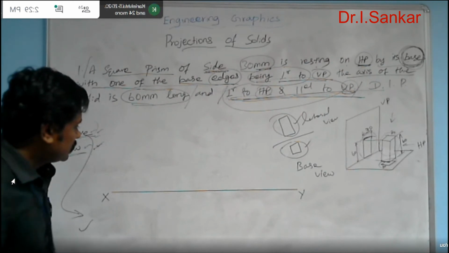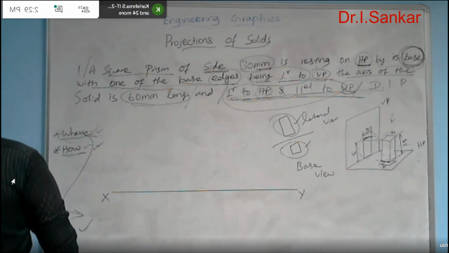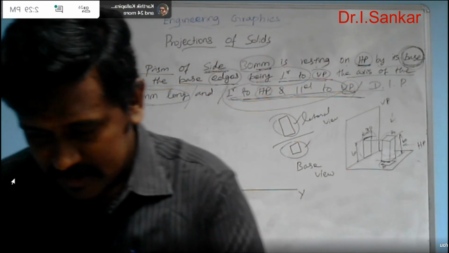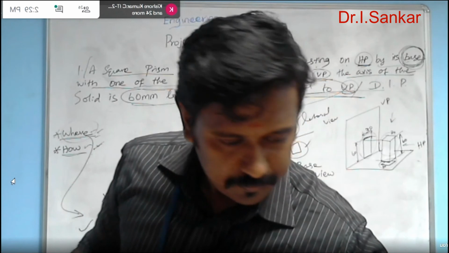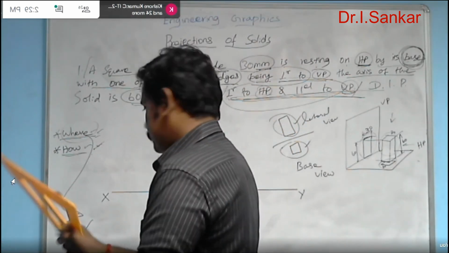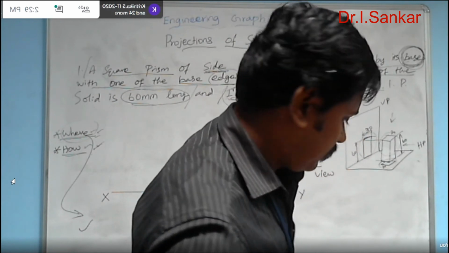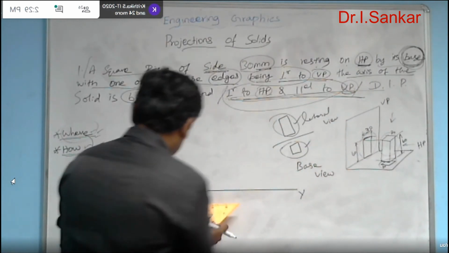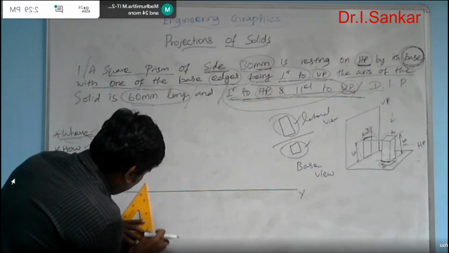Now I need to draw a square with a 30 mm side, and I need to maintain one base edge being perpendicular to the vertical plane.